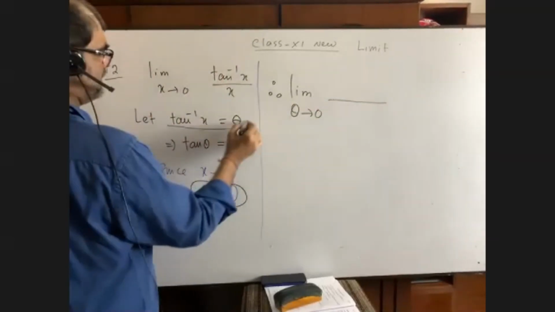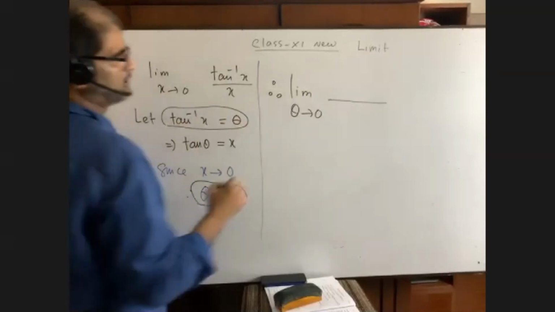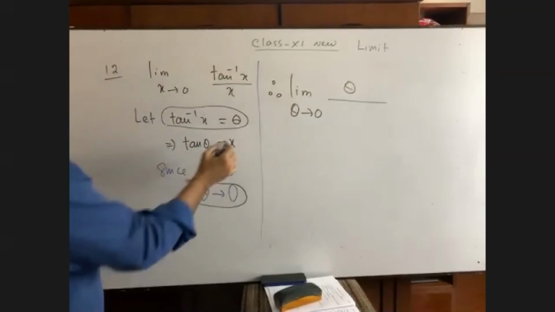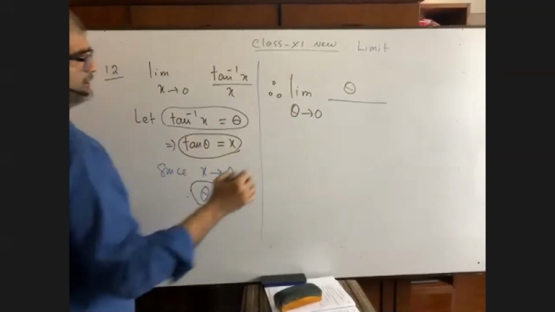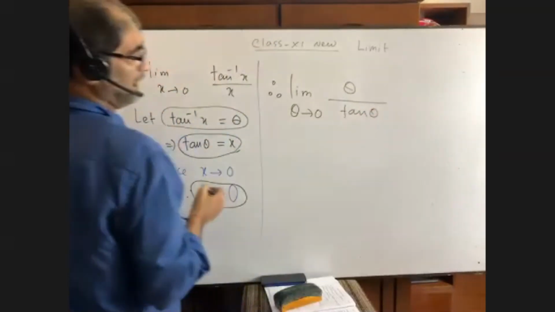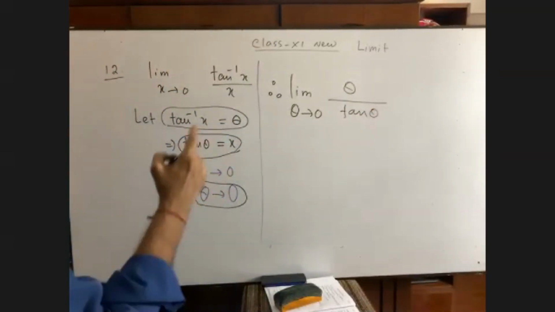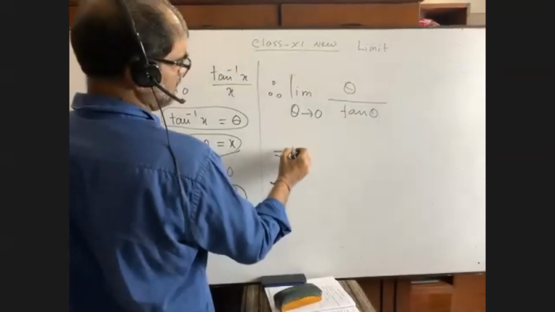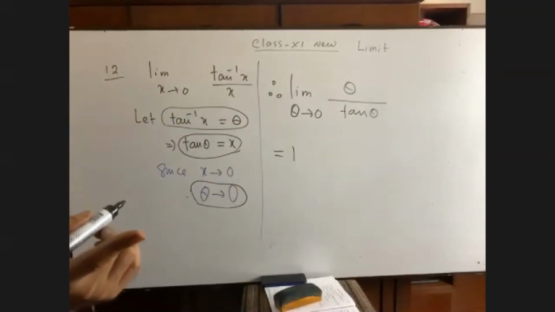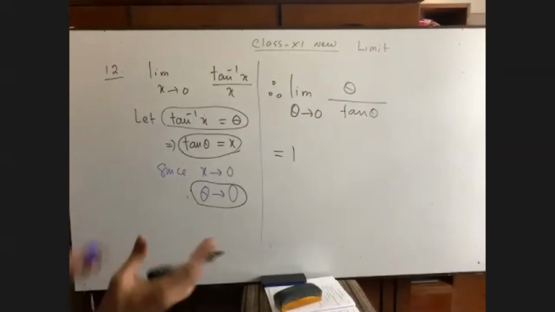Theta. What is the value of x? The value of x is tan theta. I wrote it today. Its answer is what? 1. Can you please remember? Yes, sir. Okay, so we are done.